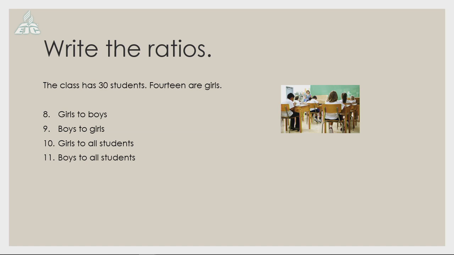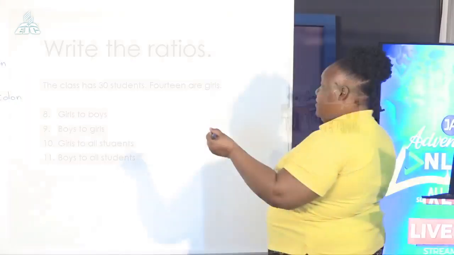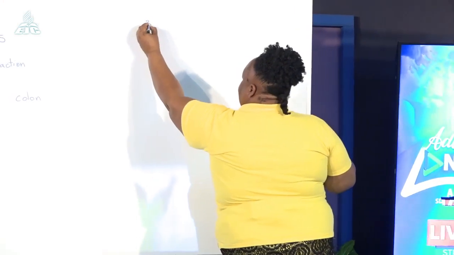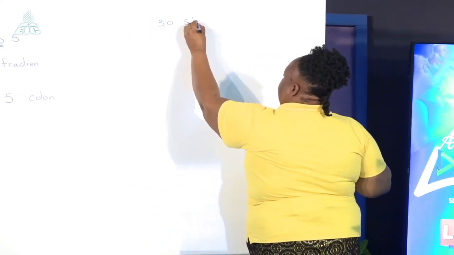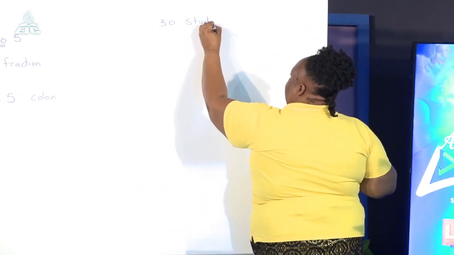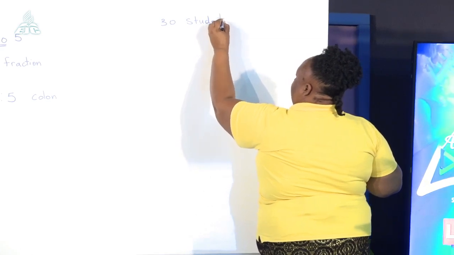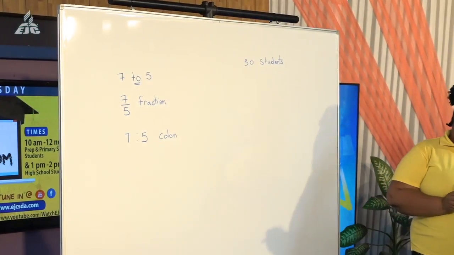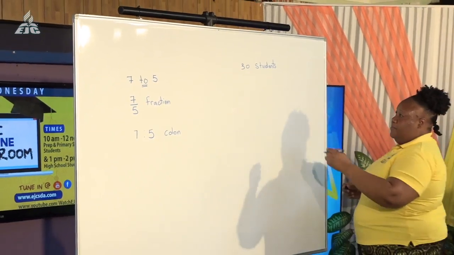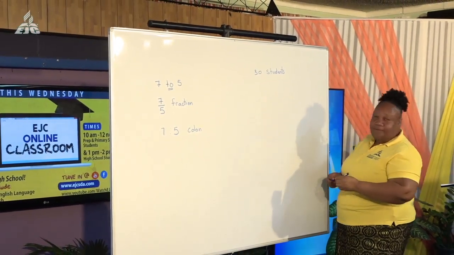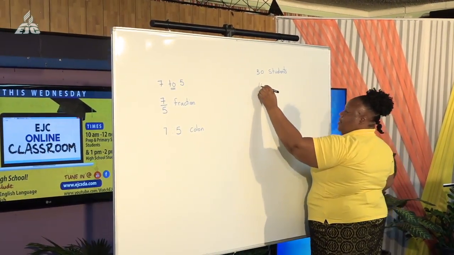Okay, we are given 30 students, so we know that there are 30 students. Do we know how many are girls? How many are girls? Okay, 14 girls.